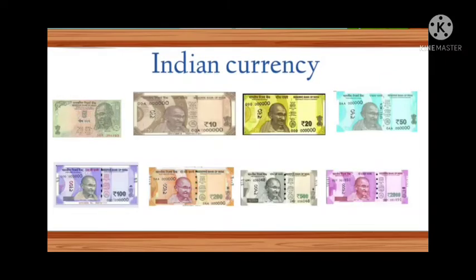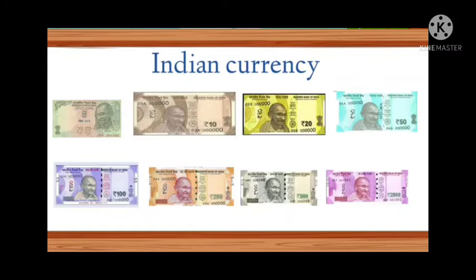Now these are the notes which are found in the market of India and these are called Indian currency. What are the notes normally found? The first and smallest note is 5 rupee. After that is a 10 rupee note.